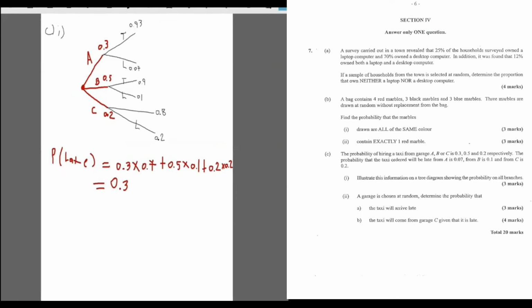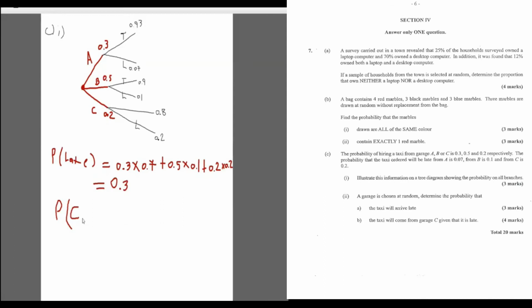It says, find the probability that the taxi will come from garage C, given that it is late. So this was the probability of L. Now what they're asking for is the probability that a taxi will come from garage C given that it is late.